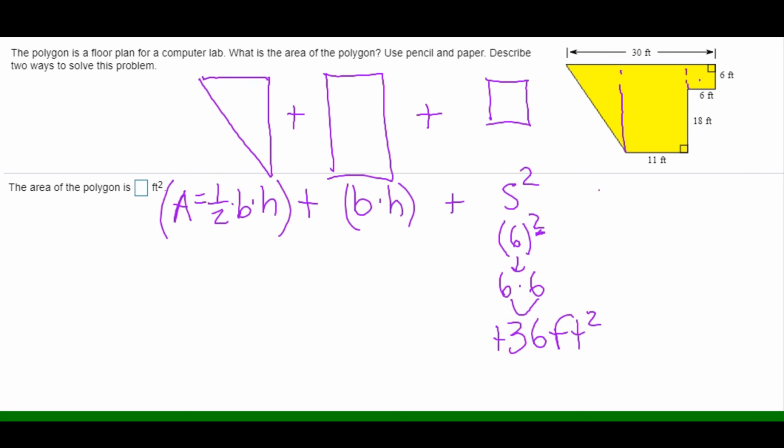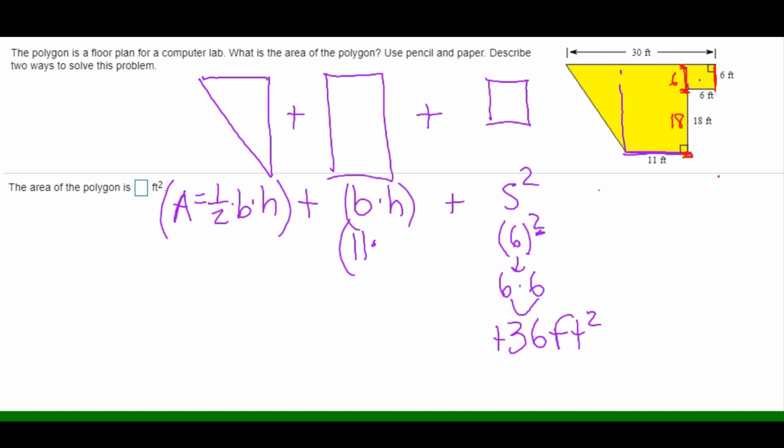Now I need to find the area of the rectangle. So I know the base of the rectangle is 11. So I have 11 times the height of the rectangle. From here to here, I know that this is 18. But the rectangle goes from the bottom all the way up to the top, the rectangle that I decomposed it to. So if I know the length from here to here is 6, the length from here to here must also be 6.